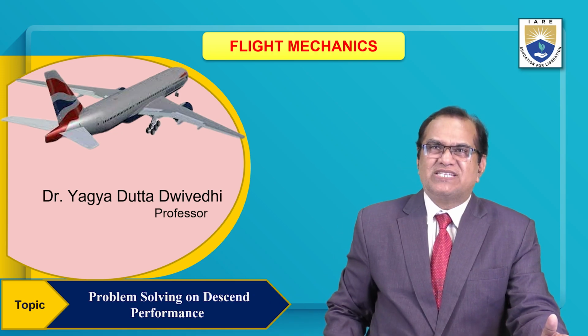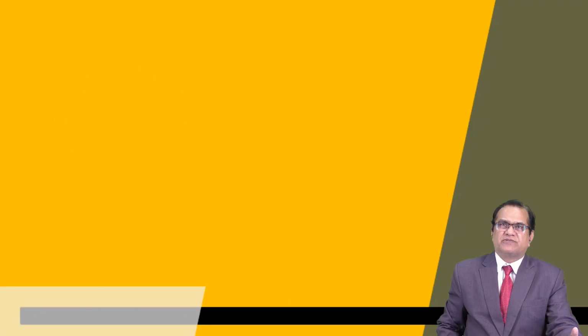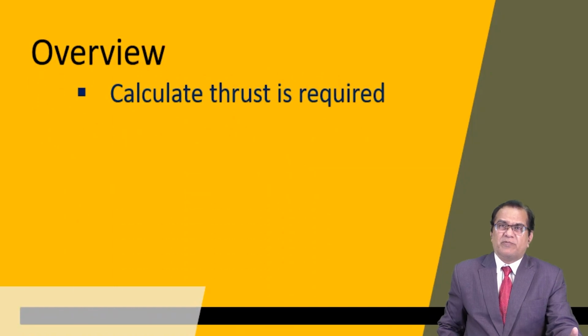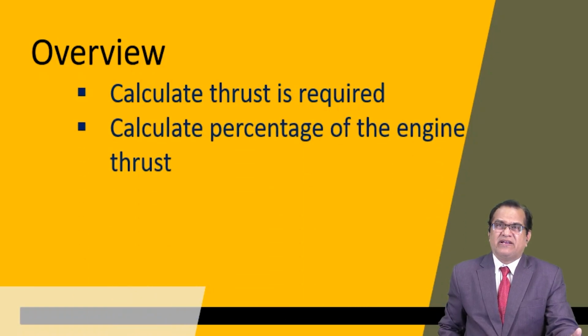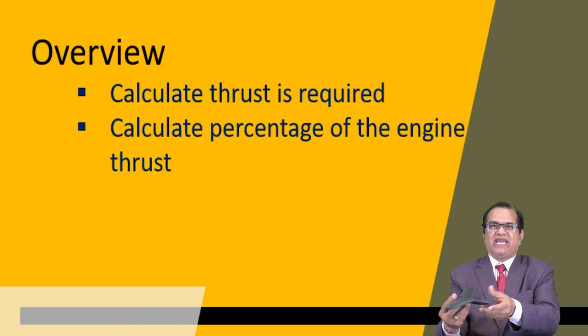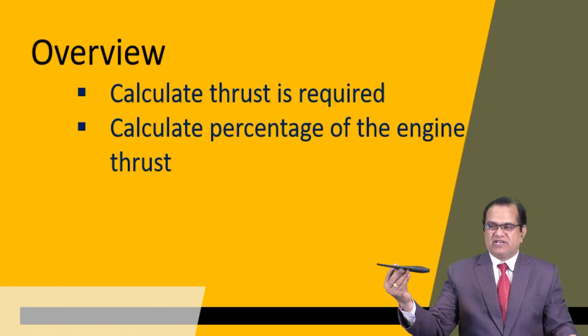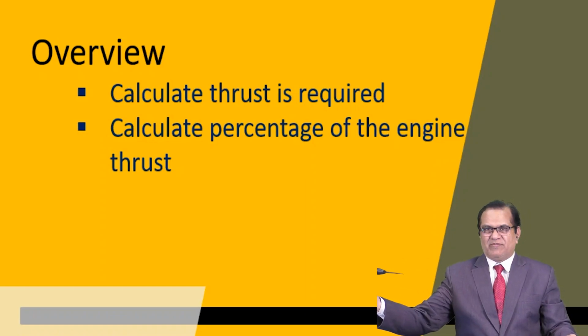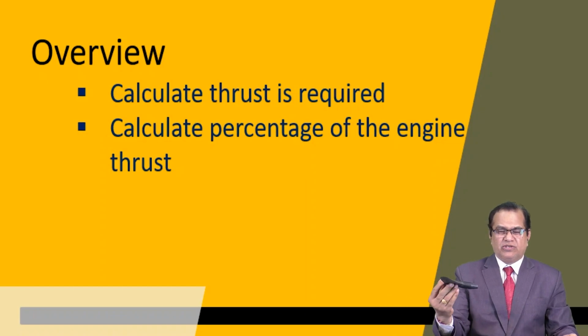Now, in today's class, we are going to discuss these topics: calculating how much thrust is required, and calculating the percentage of the engine thrust during descent of the flight. So what is the descent? If you take this aircraft, first it will be running on the ground, which is called the ground roll distance.